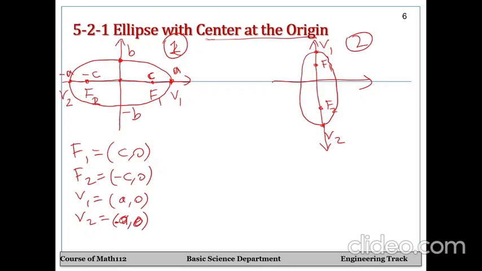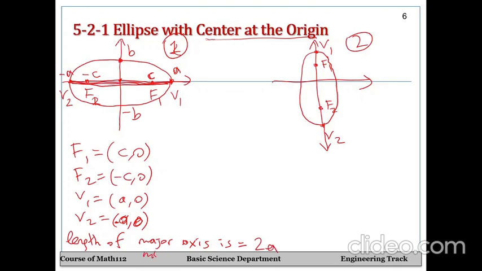Now, as you see here, the length of the major axis, this is the major axis, so it will be 2A.